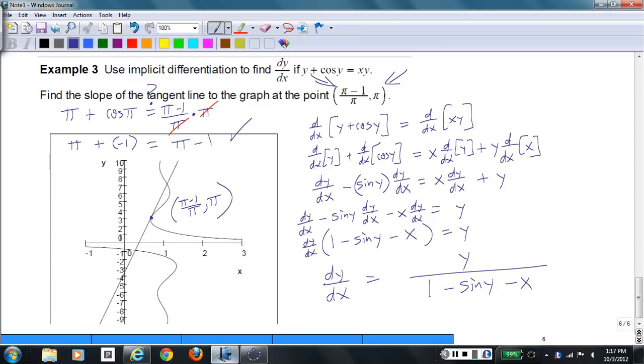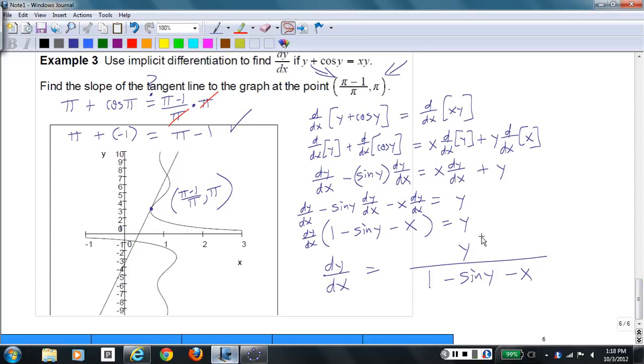And it is. So when we substitute pi for y in this expression and down here, pi minus 1 over pi for x, it will actually tell us the slope of this tangent line. So we do it.